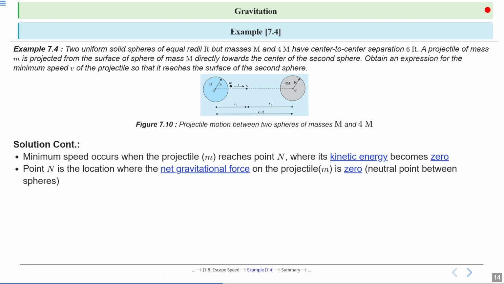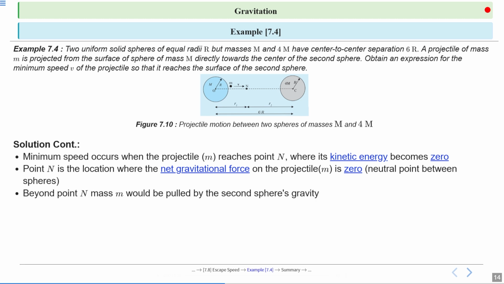Next, we identify point N, where the net gravitational force on the projectile is 0. This is the neutral point between the two spheres. Understanding this point is important because it marks the transition where the gravitational influence shifts from one sphere to the other.